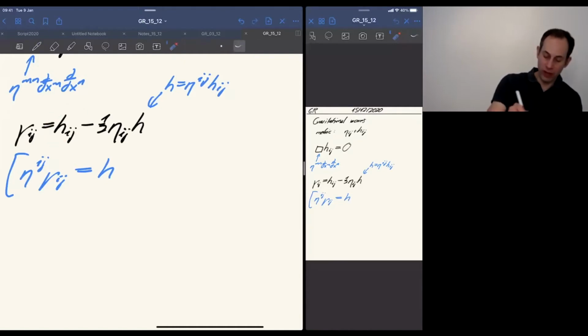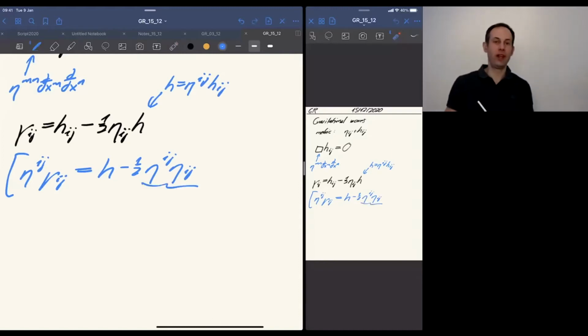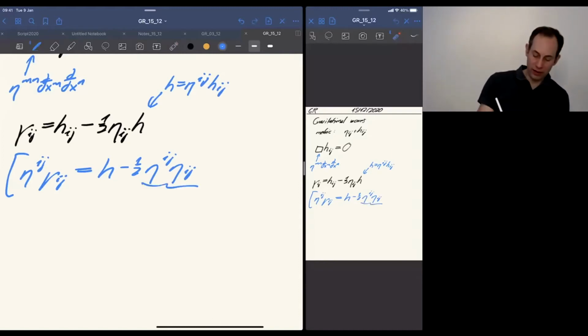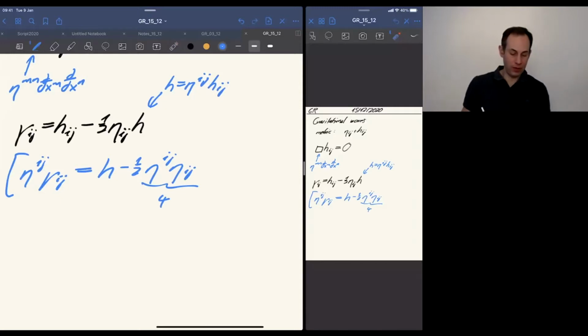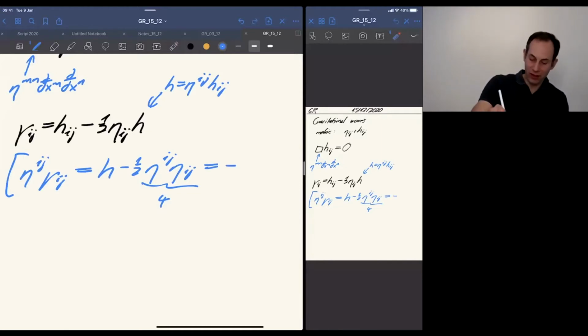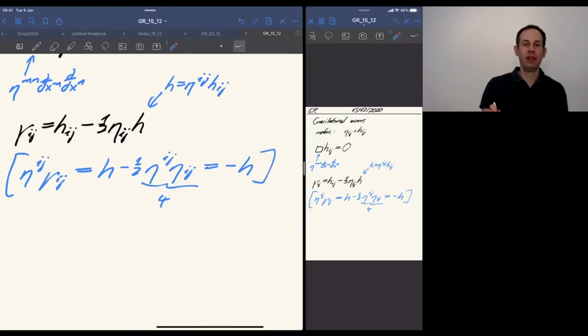If I take the trace of this, I get minus 1/2 eta_ij upstairs, eta_ij downstairs. And you know that this is just essentially the trace of the metric squared, which is 4. It's just the dimension. And then obviously the whole thing is just minus h. So this just shows that the trace of gamma is just the opposite of the trace of h.